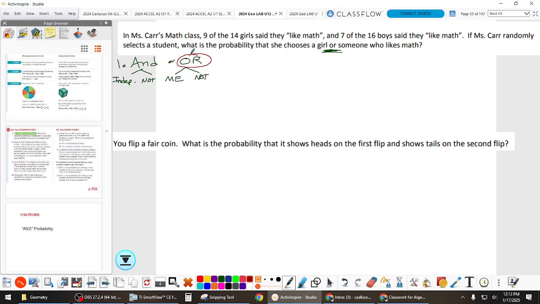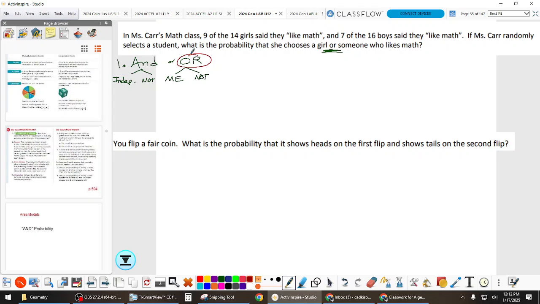So again, the two things that we're trying to compare. It says probability she chooses a girl, and then probability, also including whether they like math or not. So what's the "can be the same thing" question?